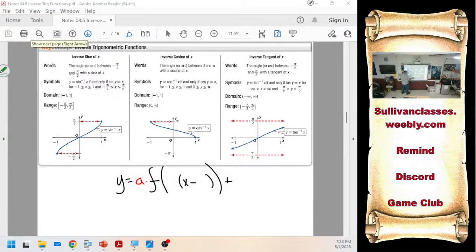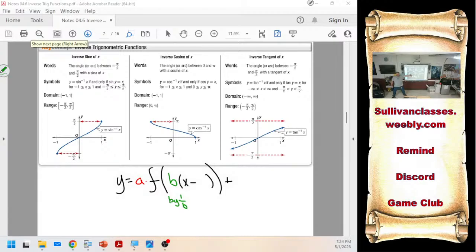What, if this is a vertical stretch and compression, what is this guy? Horizontal stretch. And remember that it's backwards. It's by the reciprocal, by 1 over b. Think about, again, you're saving up for a car. It's going to take you 10 more months to get the money for it.